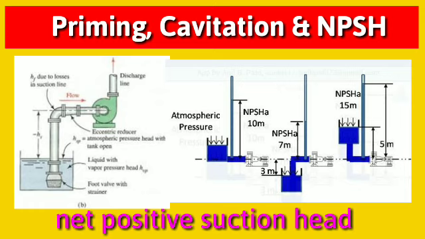But we cannot afford to lower the suction pressure below the vapor pressure of the liquid because it will cause cavitation. So the safest depth from where we can lift the liquid without causing cavitation, or without lowering the suction pressure below its vapor pressure, is called net positive suction head.